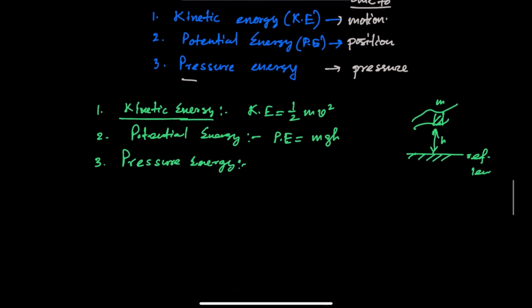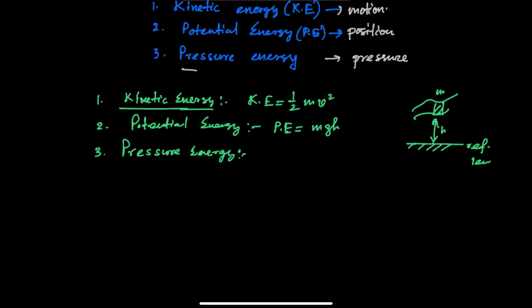This pressure energy is due to the pressure. So let us say, suppose here is a container, right? And to that container, at the bottom, there is a side tube, which is fitted with some frictionless piston.